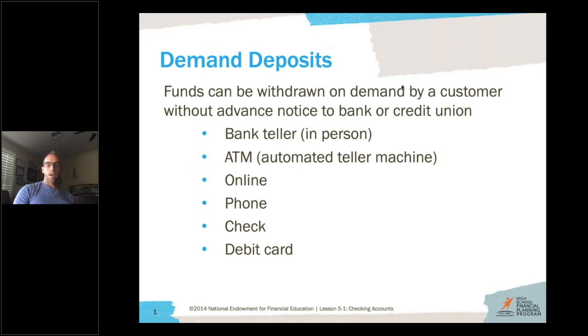Now, a debit card is different than a credit card. In Lesson 2, we talked about borrowing. With a credit card, you're borrowing money. The credit card company gives you a certain credit limit on your card. Let's say it's $10,000, and you can go use that card at the gas station or at the grocery store or the mall or wherever.